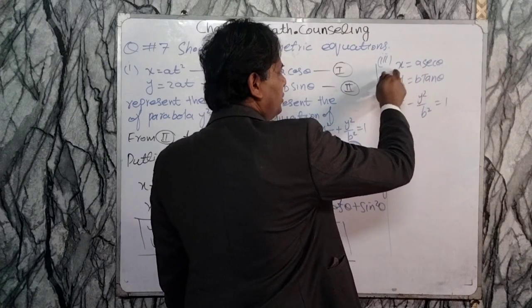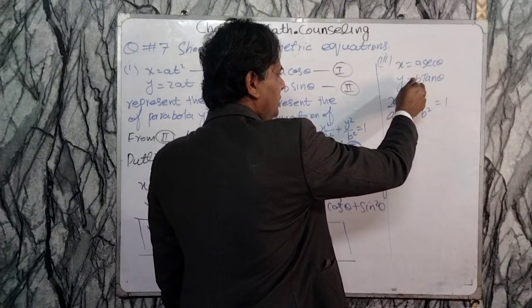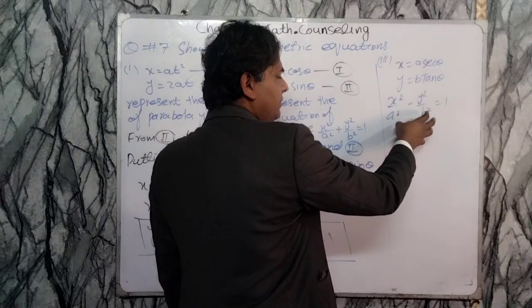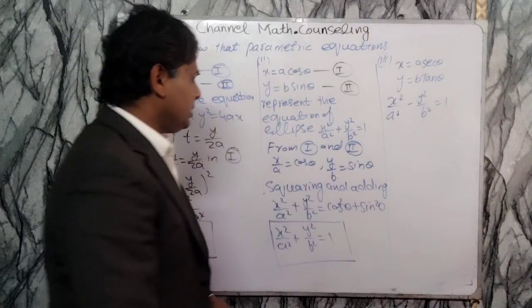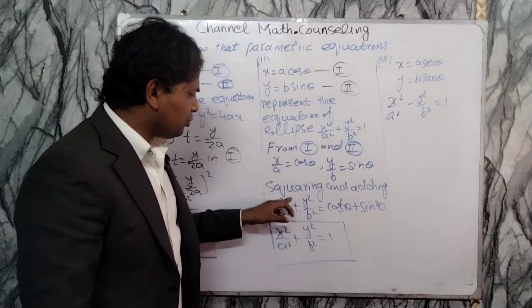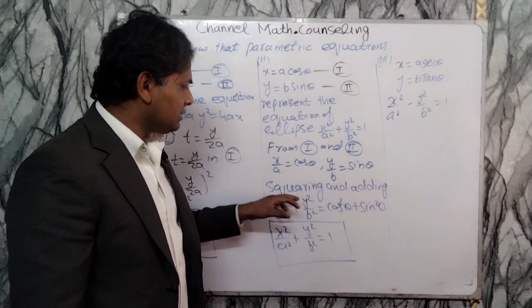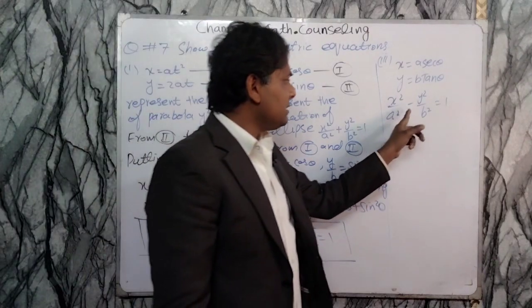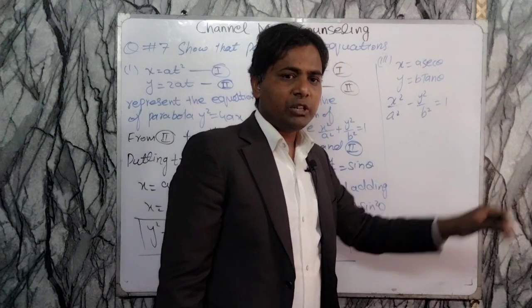If I shift a to the left hand side, it will be x over a, and if we shift b to the left hand side, it will be y over b, and we require x over a and y over b. Just we have to write here squaring and adding. It was the sign of addition, that's why we said squaring and adding, but here is a sign of subtraction. We will write here squaring and subtracting.